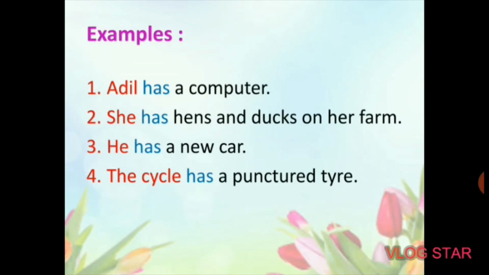So in these examples, you can see has is a singular verb used with singular noun and with the pronouns like she and he. And here this verb tells us what belongs to these nouns or pronouns. Here it is showing the possession.